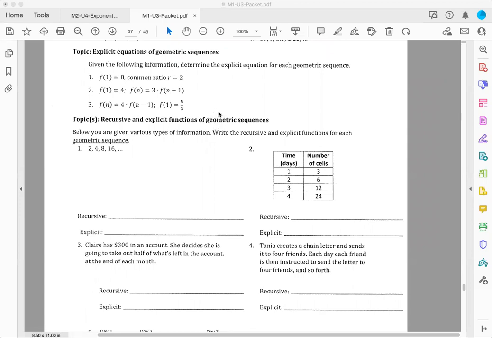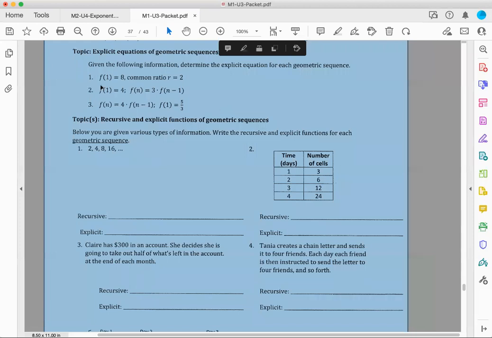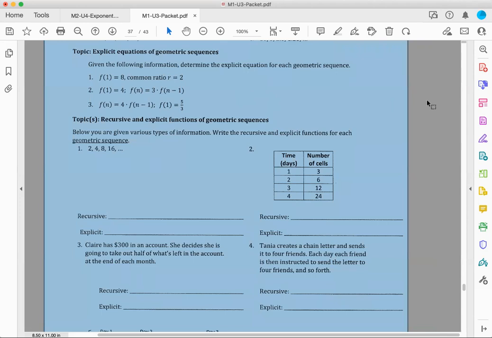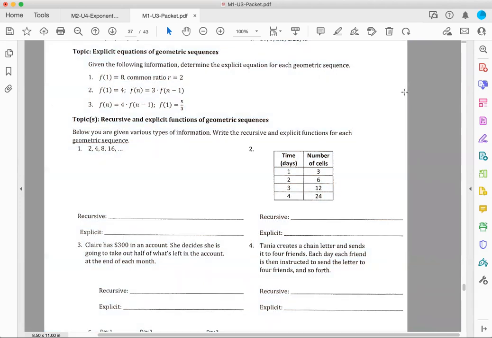So here's the thing, for the upcoming test, you are expected to be able to produce the explicit and recursive formulas for arithmetic and geometric sequences from different types of information. Whether you're given a table of values, a sequence of numbers, a word problem with a scenario, or a pattern, or a graph like dots, you're expected to know how to come up with all these formulas.